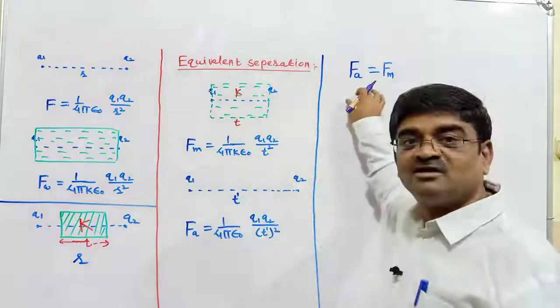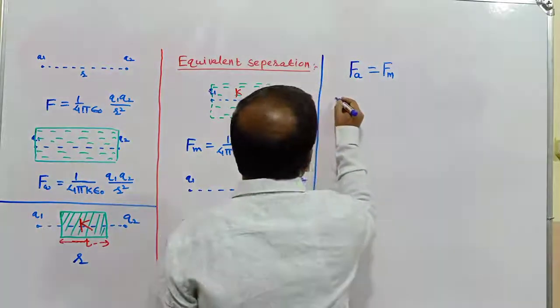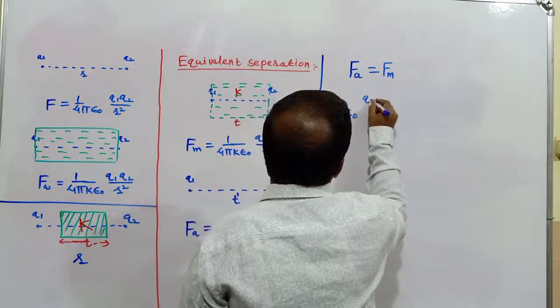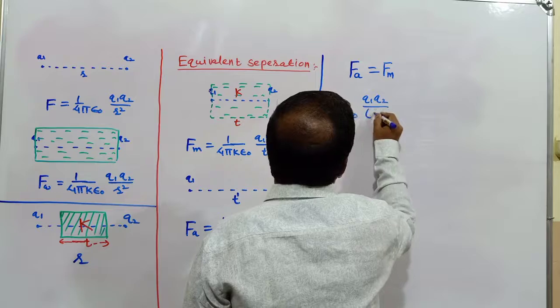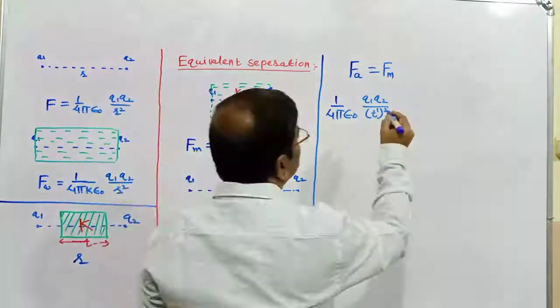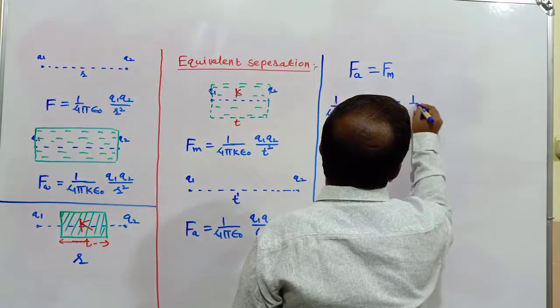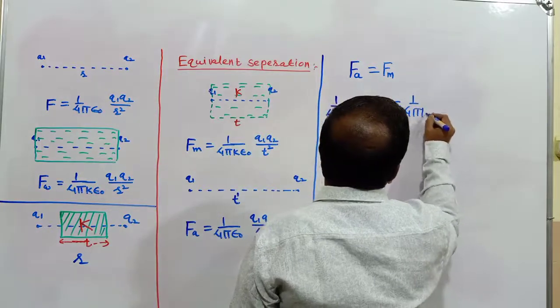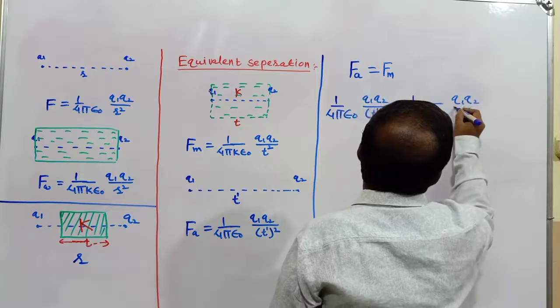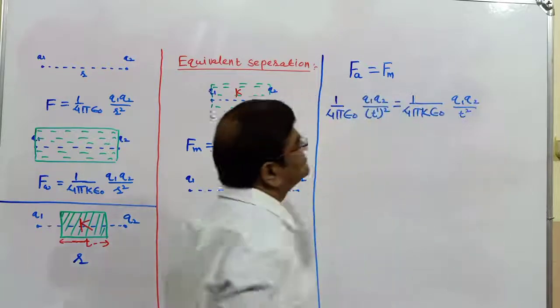So I will substitute the value of FA: 1 upon 4 pi epsilon 0 Q1 Q2 by T dash square. This is equal to 1 upon 4 pi K epsilon 0 Q1 Q2 by T square.